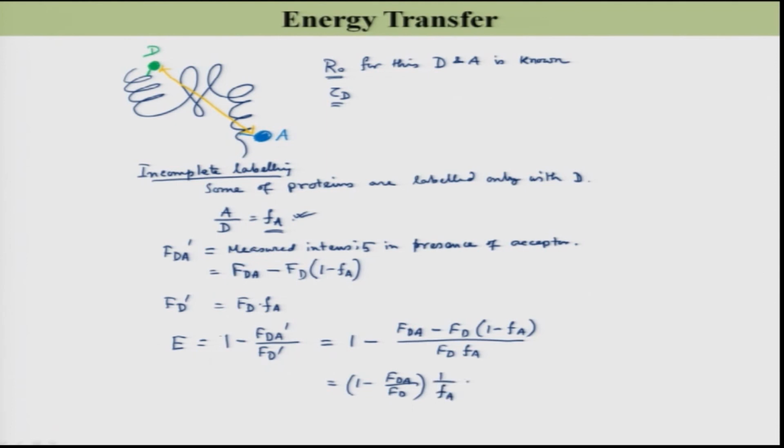So, if you measure this efficiency just by this F DA by F D, then that will be a wrong answer, right. So, you need to multiply with this factor 1 over F A in this case, right.